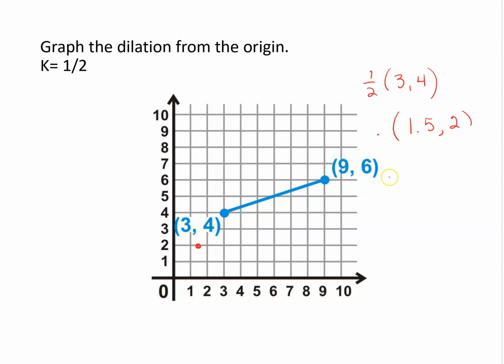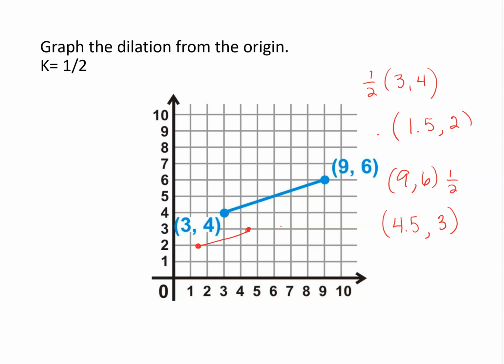And then the point 9, 6 times 1/2. So 9 times 1/2 is 4.5. 6 times 1/2 is 3. So this is going to become the point 4.5, 3 right here. Okay, and that is dilated.